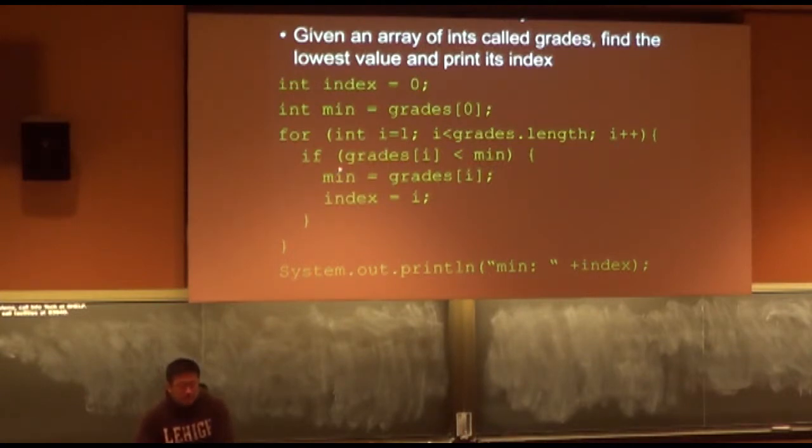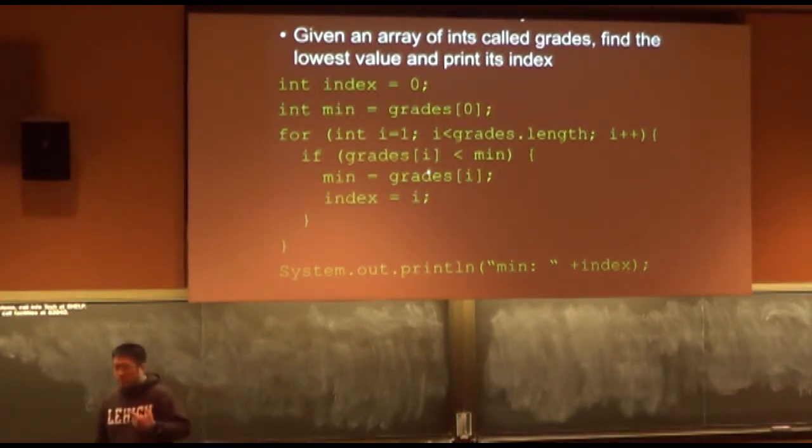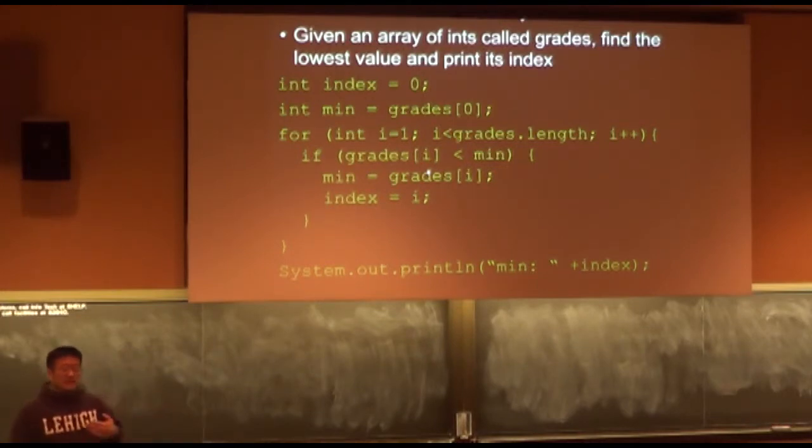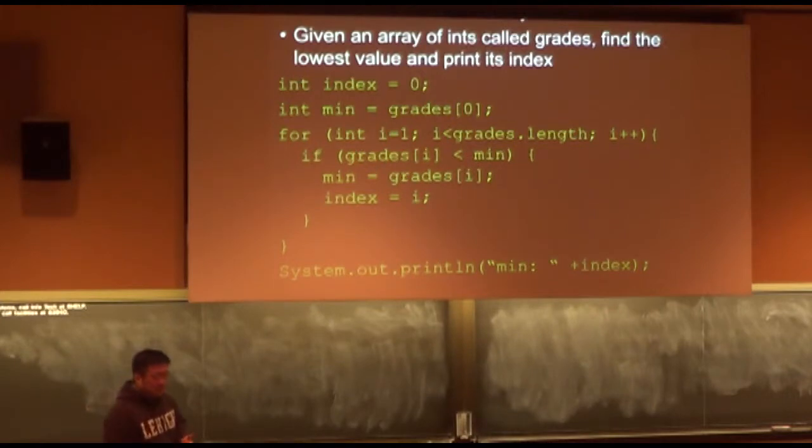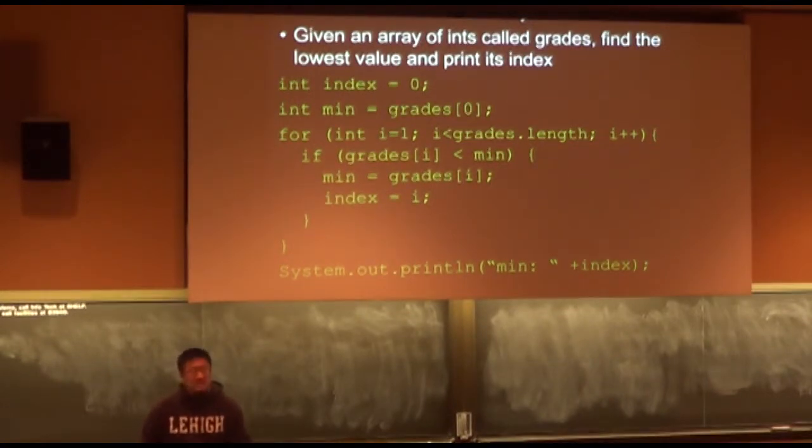So therefore, we'd assign min equal to that new smallest value, and we'd remember the index equal to I. And at the end of that loop, it would tell us the smallest was equal to min, and that the index was at I. So you can see that no matter what the arrangement of the values in that array, this code effectively searches that array for the smallest value inside grades, and tells us which member it is inside grades by telling us the index of that member.